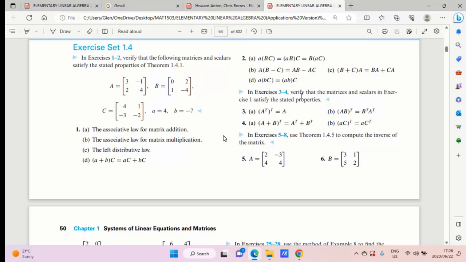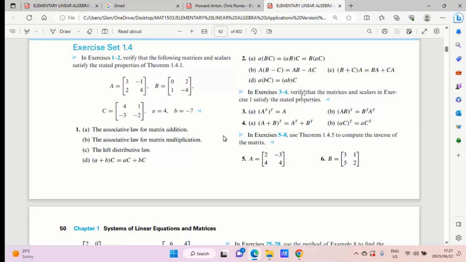Now, let's multiply these two matrices. 0 times 4 is 0 plus 2 times minus 3 is minus 6. Do we agree?